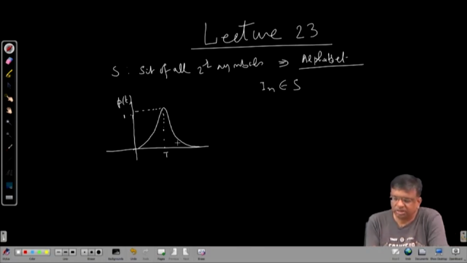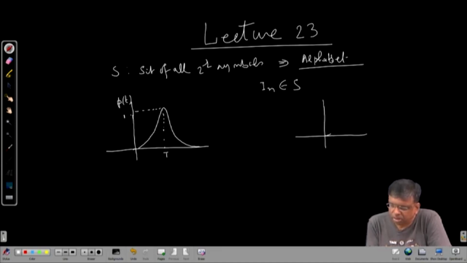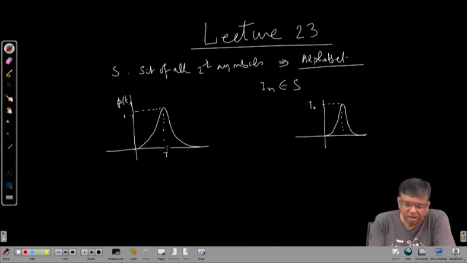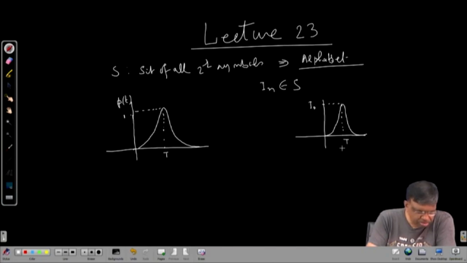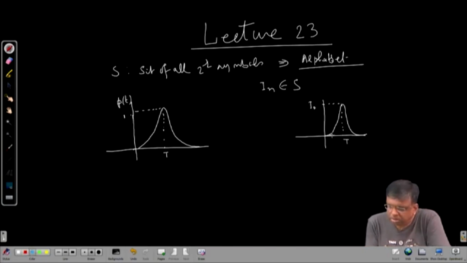So you will have things like this, one pulse, its height is I0, and I should measure the pulse when it is highest, so capital T. Then maybe tau amount of time later, the next symbol comes.